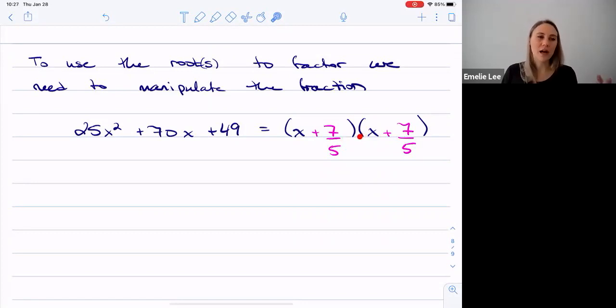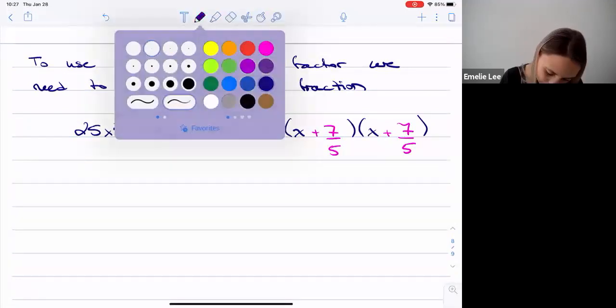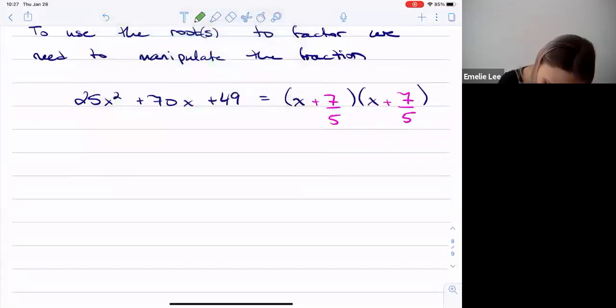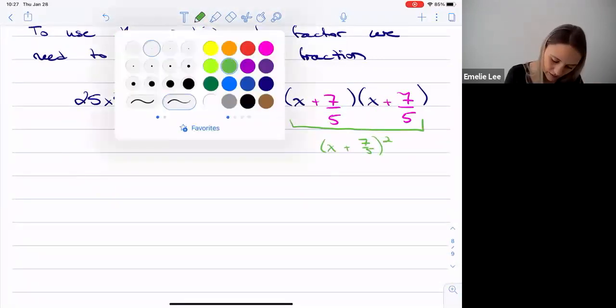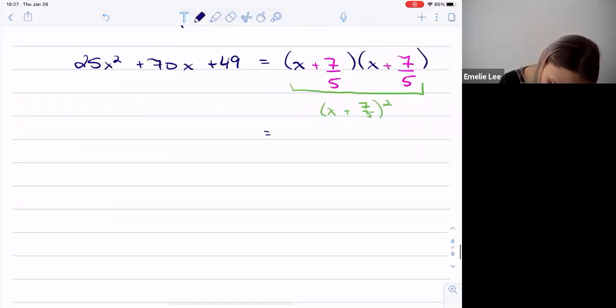But it gets a little bit weird, right? This is x plus 7 over 5 squared. So first thing we can do is make it squared, so here this becomes x plus 7 over 5 squared. I'll make these brackets big.